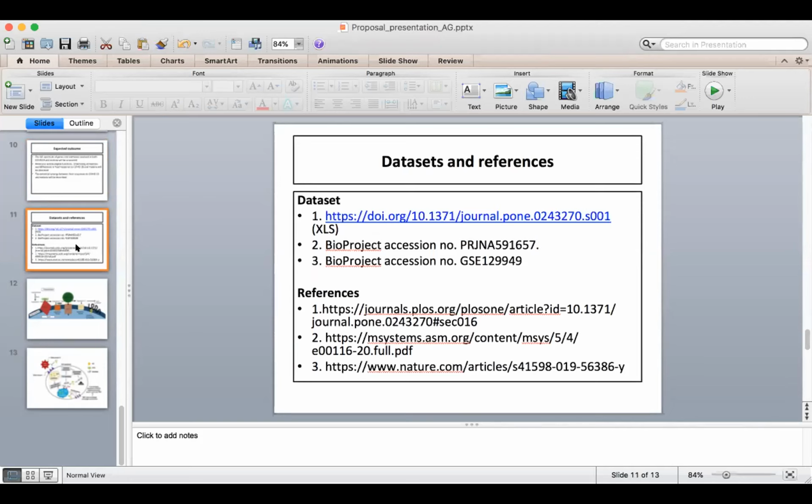So we have data sets from 3 studies. One is looking at repeated infections in children, the transcriptional profile of children who have been repeatedly infected with malaria.